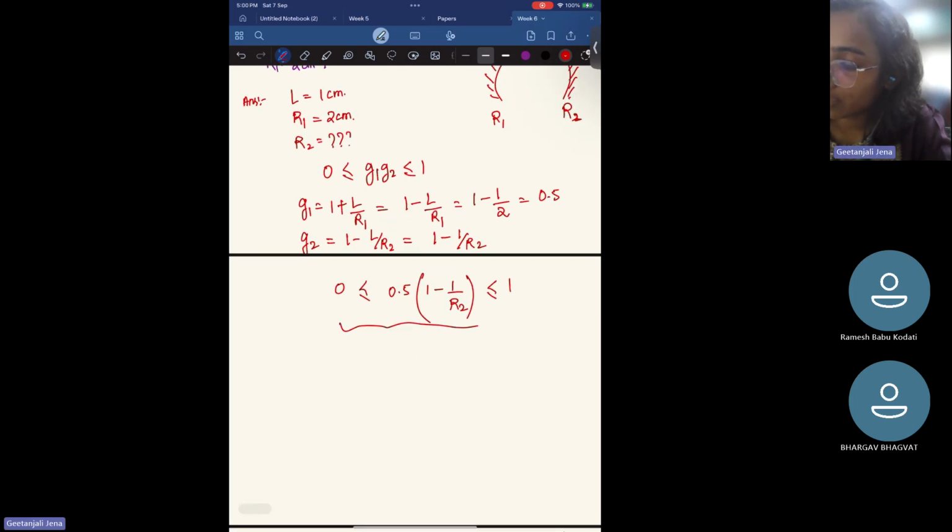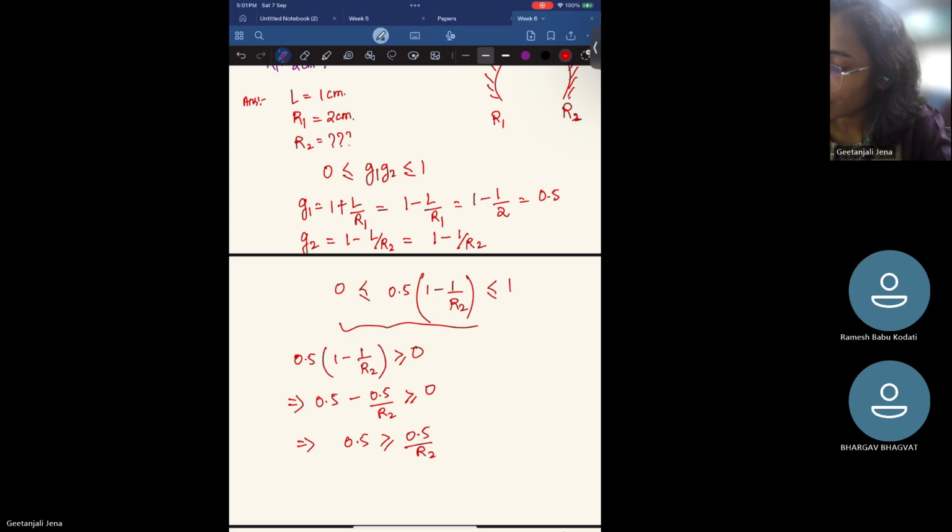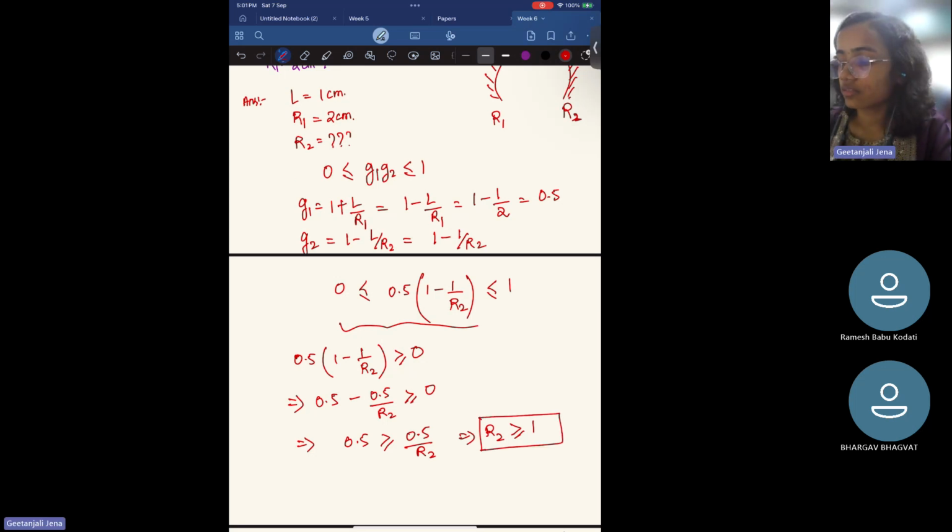So if you take this part, this is 0.5 times (1 minus 1 by R2) is greater than or equal to 0. So 0.5 minus 0.5 by R2 is greater than 0. So that means R2 should be greater than or equal to 1 for the mirror to satisfy the stability condition.